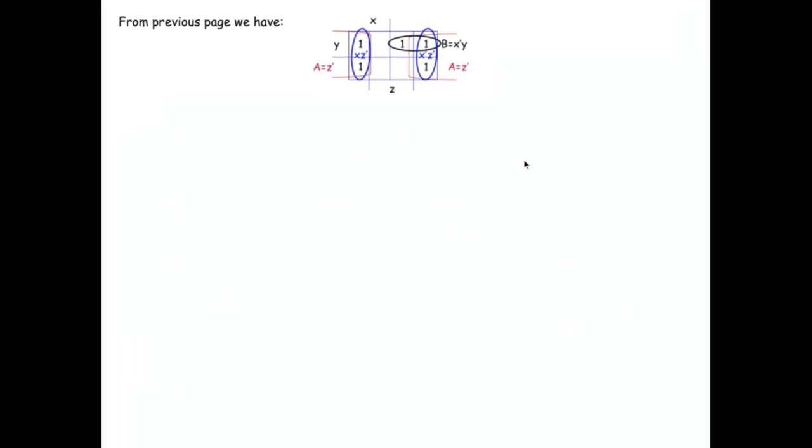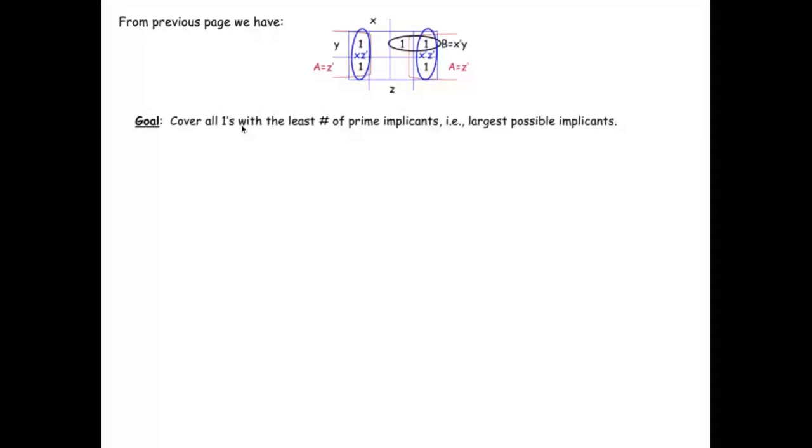Okay. So from the previous page, this is our K-map with our 2 implicants A and B. Same thing from the previous slide. Now the goal here generally, with any possible function, is to cover all the ones with the least number of prime implicants, meaning largest possible implicants.